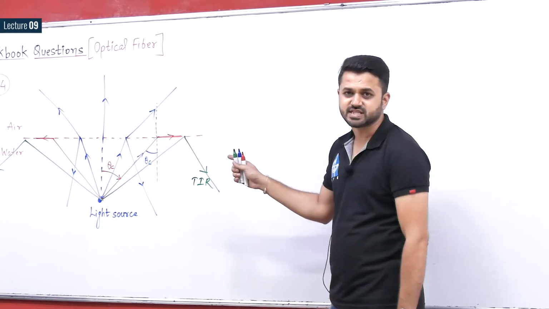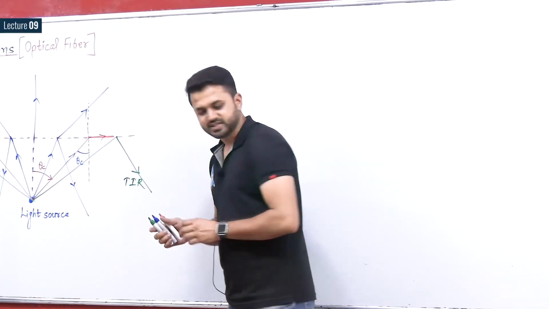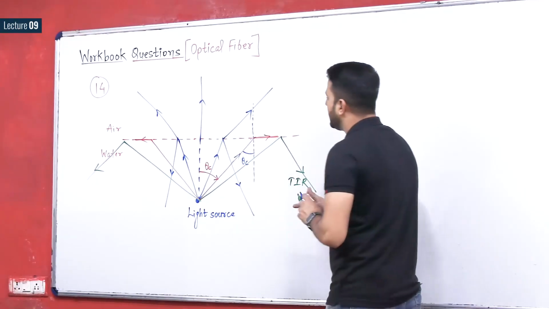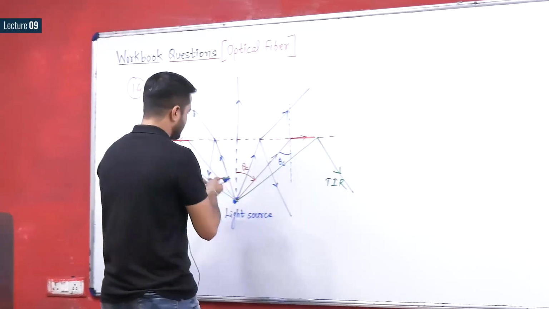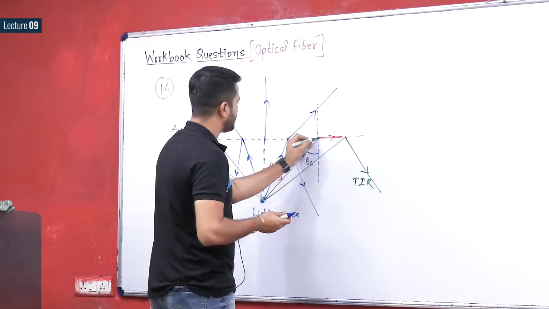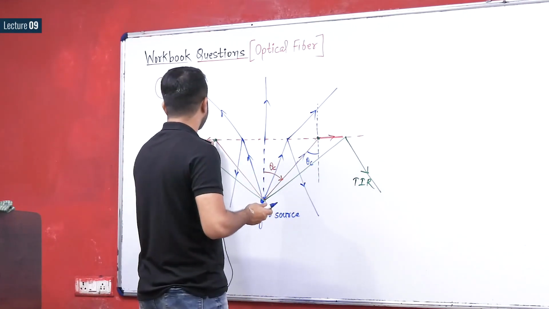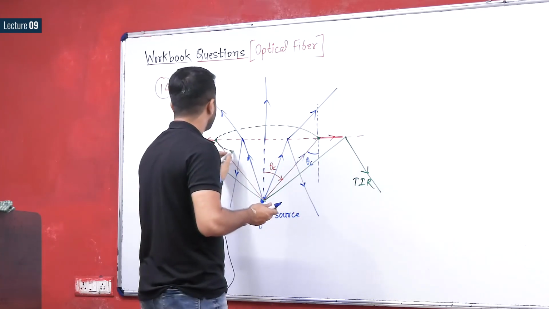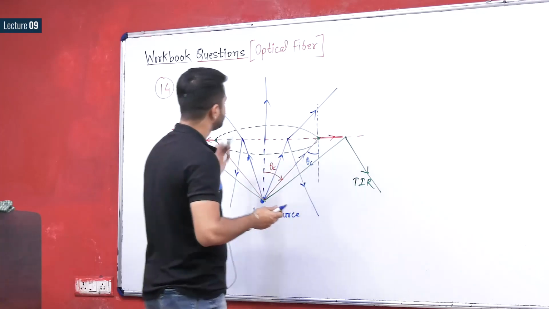So this is the figure which is given to us, and it is also given that it is making a circular area somewhere here with the radius 5. So from this point to this point, it is making a circular area on the interface. This is the circular region.